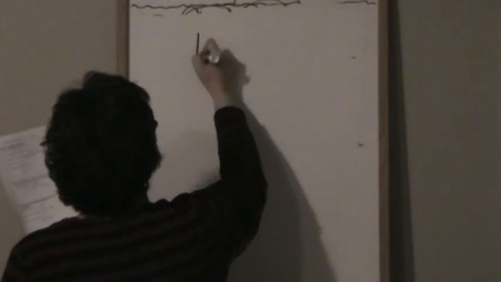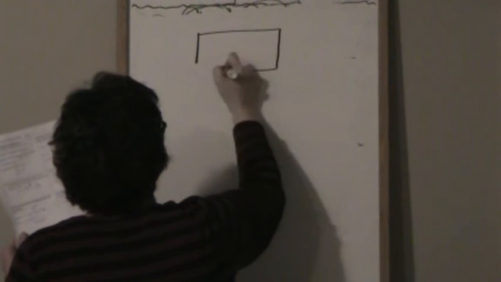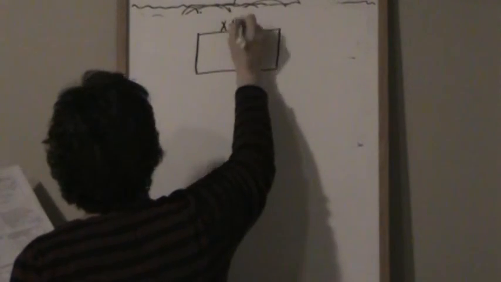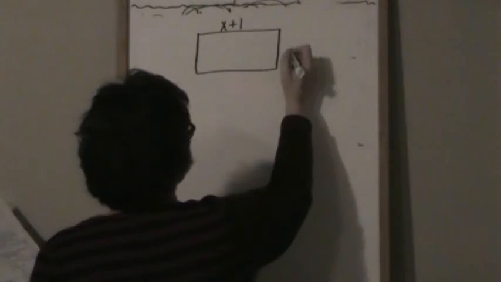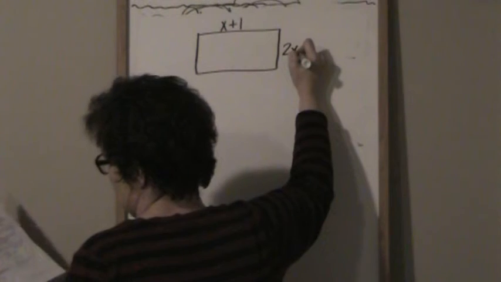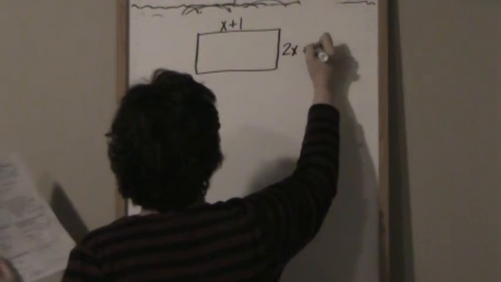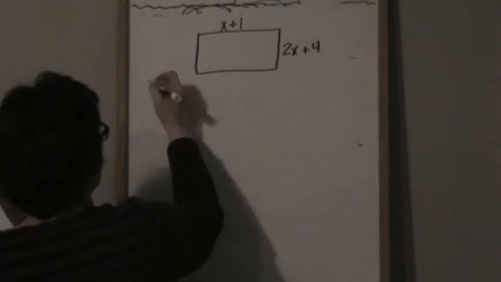Okay, number 22, we've got a rectangle. This side is x plus 1, and this side is 2x plus 4. We're looking for the perimeter.